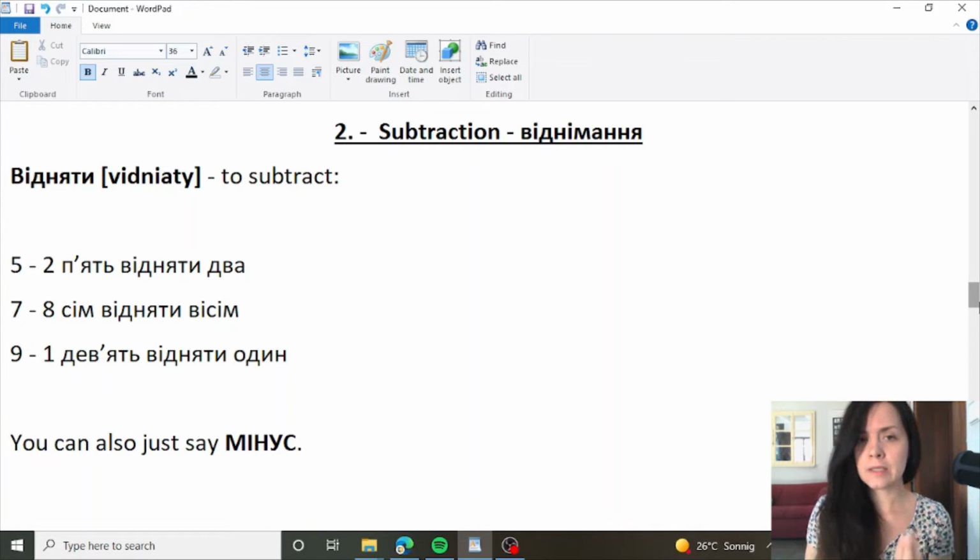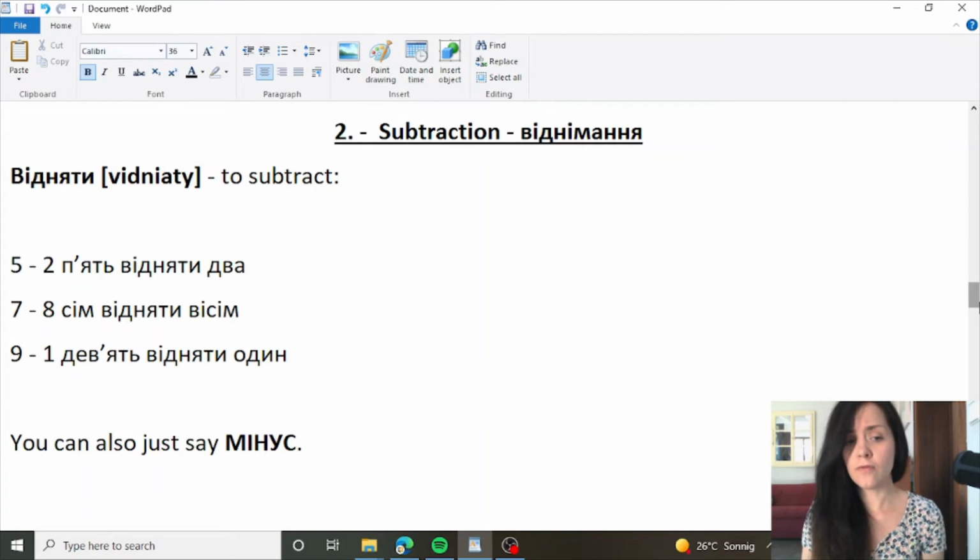So 5 minus 2, 5 відняти 2. 7 minus 8, 7 відняти 8. And 9 minus 1, 9 відняти 1.